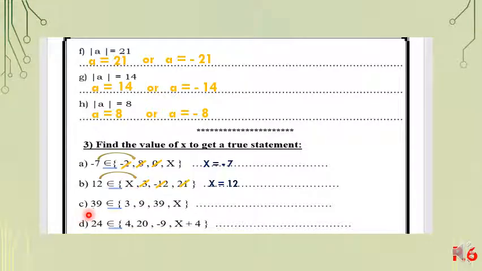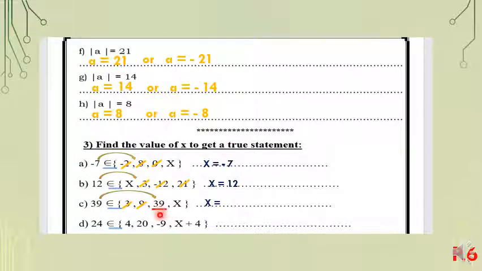Letter C. 39 belongs to the set which has 3, 9, 39 and x. I need to find the value of x. 39 is here, but at the same time 39 cannot be 3 and cannot be 9, but 39 equals 39. So this x can be what? Can it be 39?